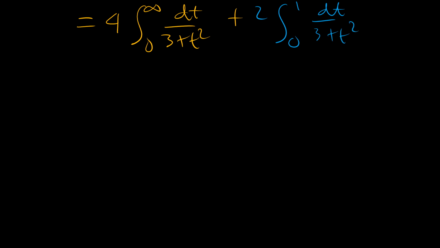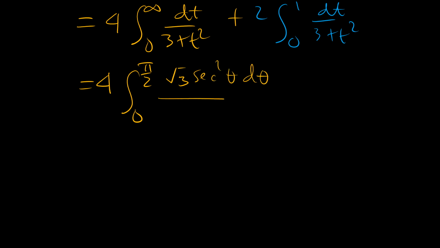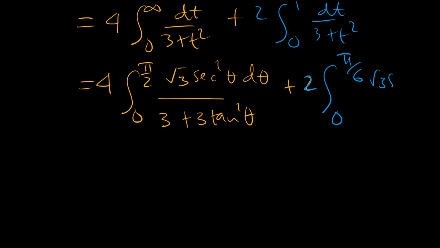Then we now have 4 times the integral from 0 to pi over 2 of root 3 sec squared theta d theta over 3 plus 3 tan squared theta, plus 2 times the integral from 0 to pi over 6 of root 3 sec squared theta d theta over 3 plus 3 tan squared theta.